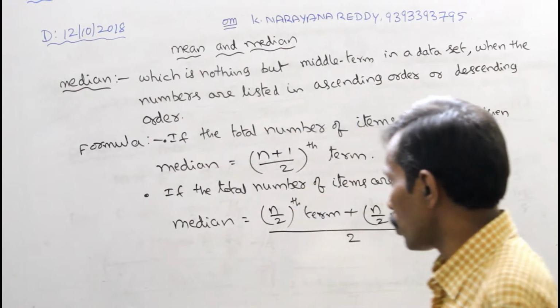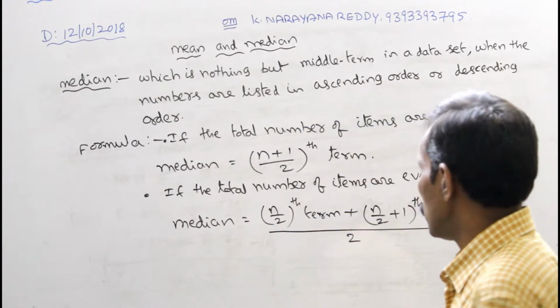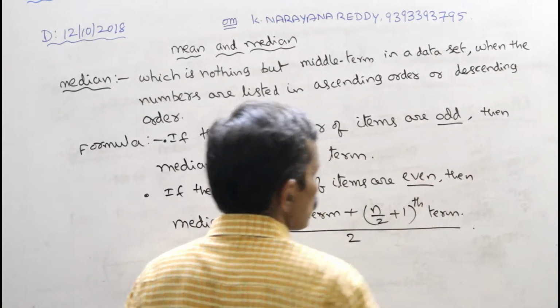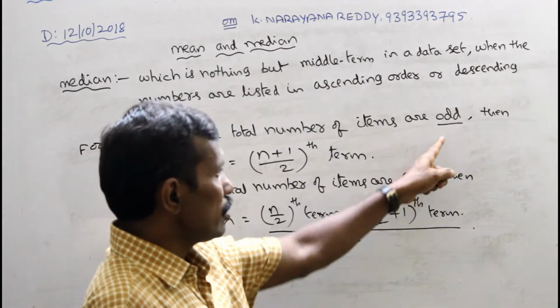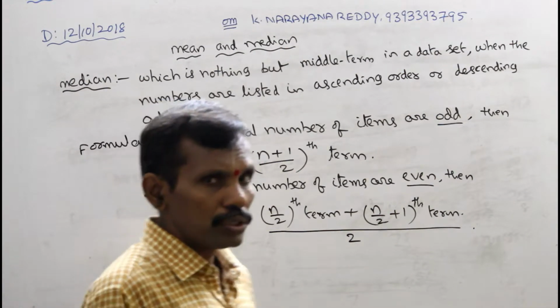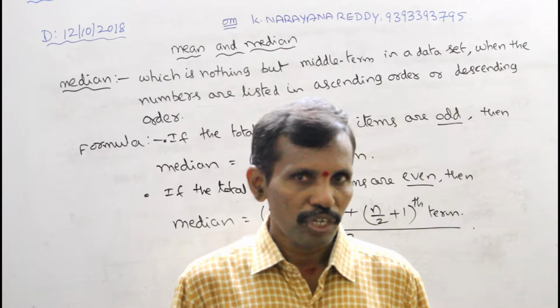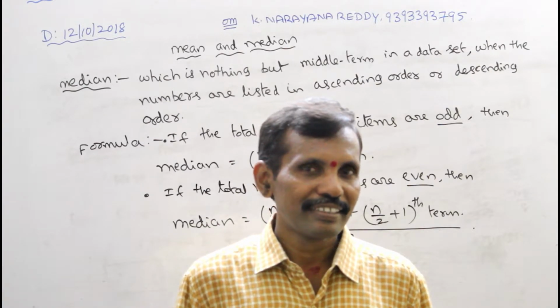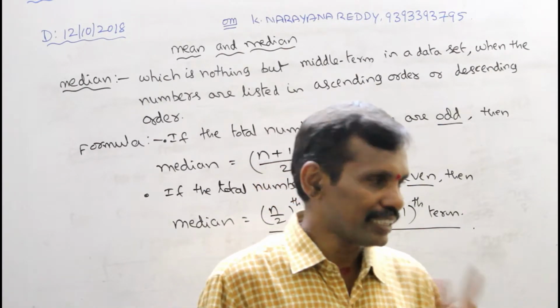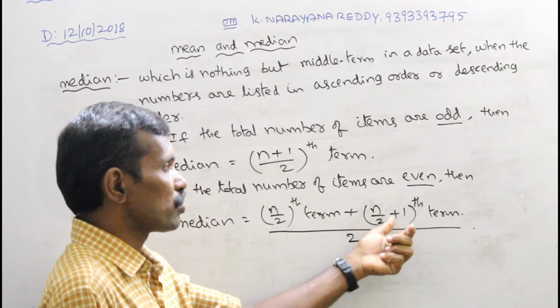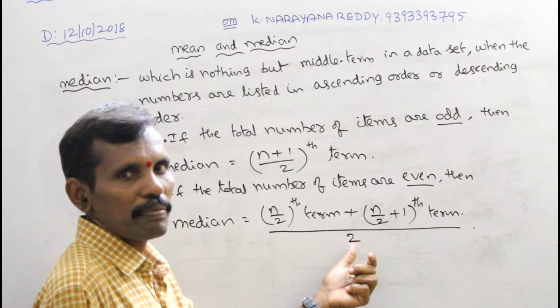In the same manner, if the total number of items is even, suppose there are 12 terms, 12 plus 1, 13 is cumbersome. At that time we can use this formula: (n by 2 th term plus n by 2 plus 1 th term) divided by 2.